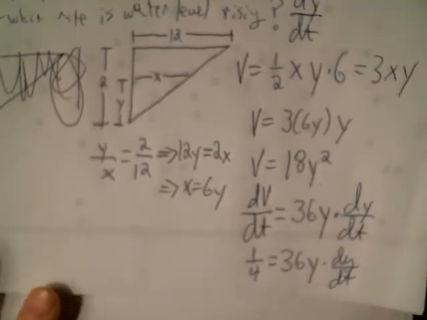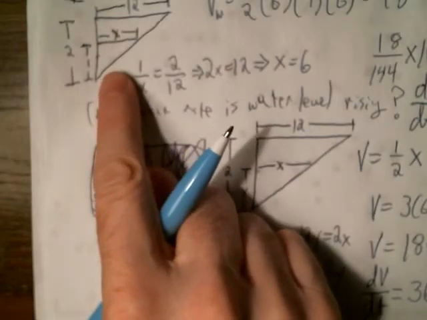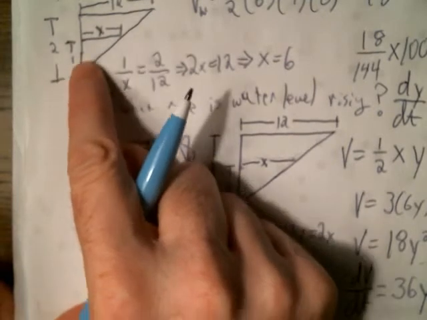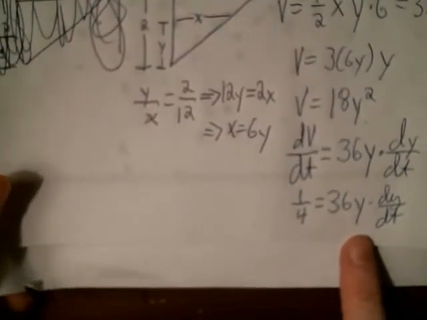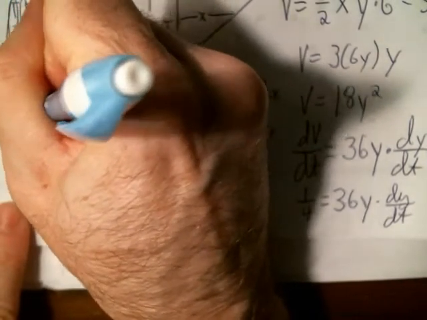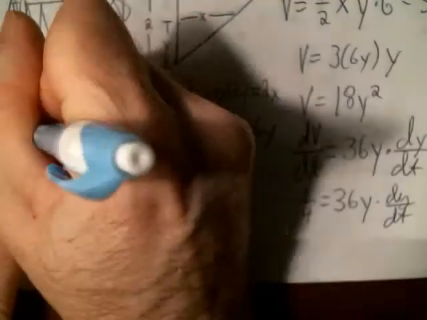The water level is currently at y equals 1. If you go back to our picture, it's given in the book that the water level is initially at level 1. So I could replace y with 1. So currently y equals 1.